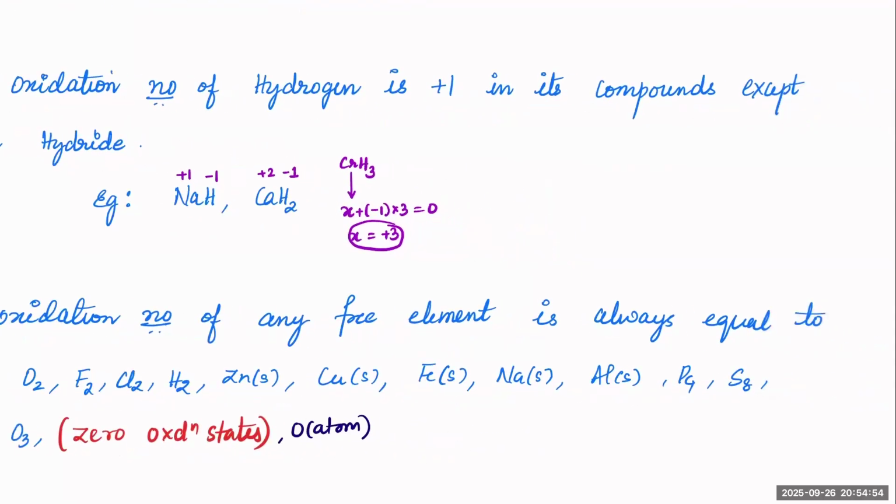If it is connected to non-metals, anything other than these metals, suppose you have water, in water hydrogen will lose one electron to the oxygen from each end. So oxygen will have -2 and both hydrogens will have +1 oxidation state.